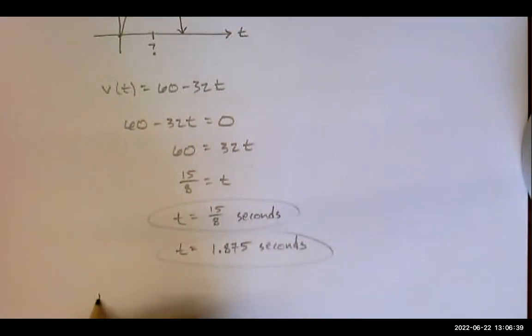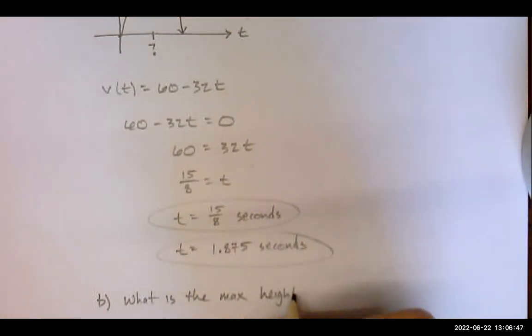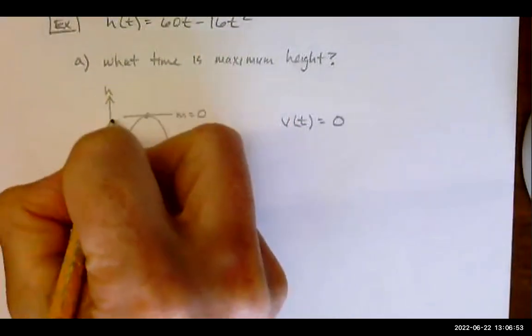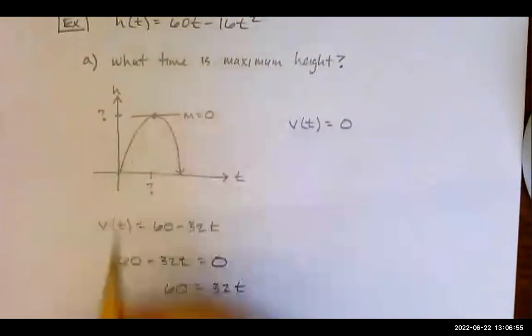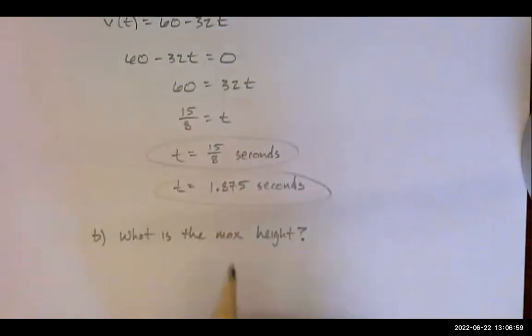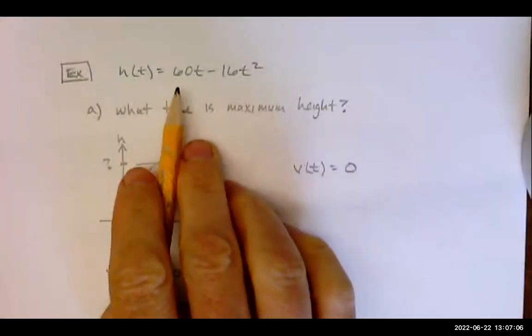Part B of this question, what is the maximum height? So we know when it occurs, but how high up is that? Well, if we know the time that it occurs, it's just a matter of plugging that into the original height.